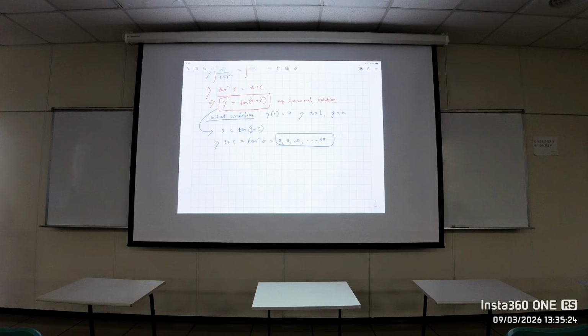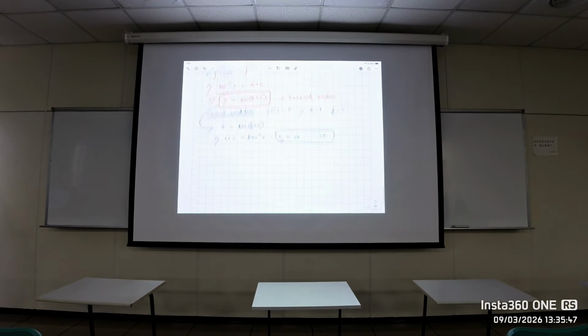Let's say if you take n pi, that means when n equals 0, it is 0, then 1 pi, 2 pi, 3 pi, n pi. So to be more secure, the answer will be n pi, where n could be 0, 1, 2, 3, any number. Right.